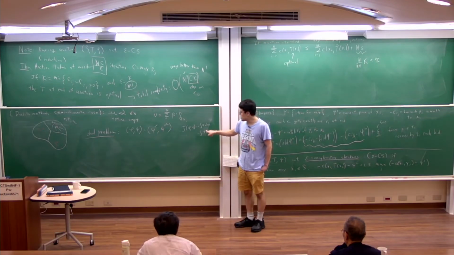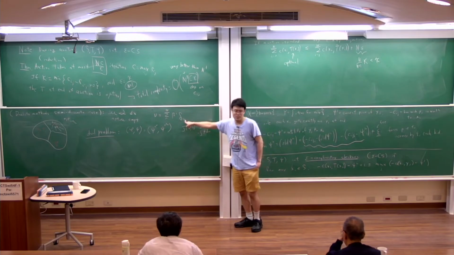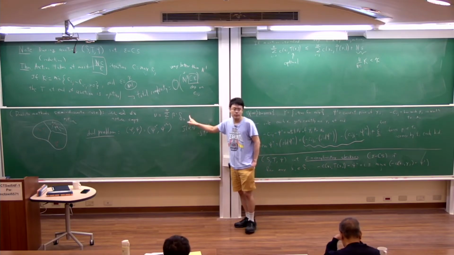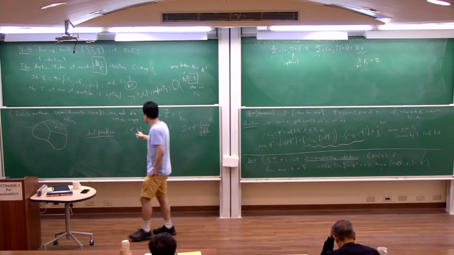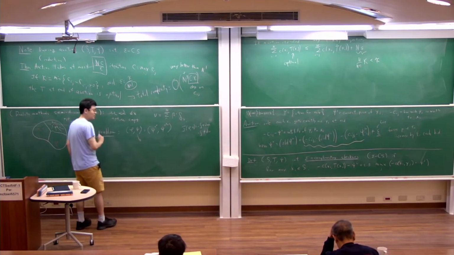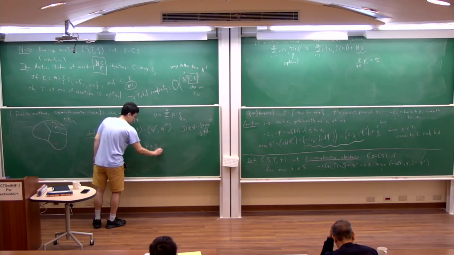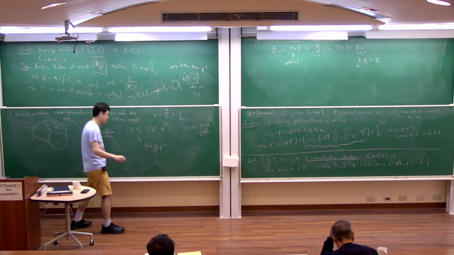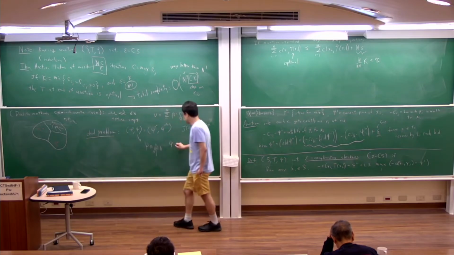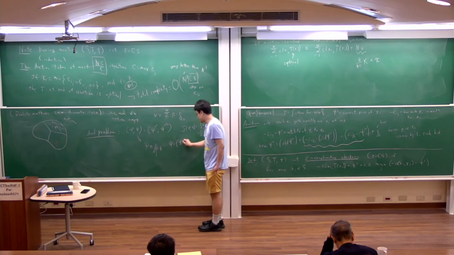So the only thing that matters in this dual functional is the value of this function at the finite collection of points, y1 through yn. Okay? So I can view this, instead of being a function, this is really a vector still with n entries, right?